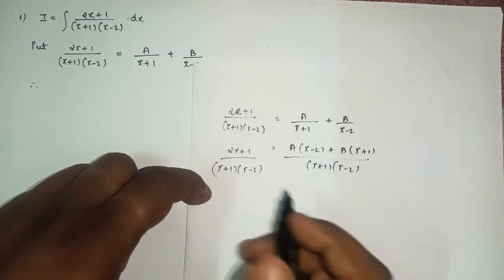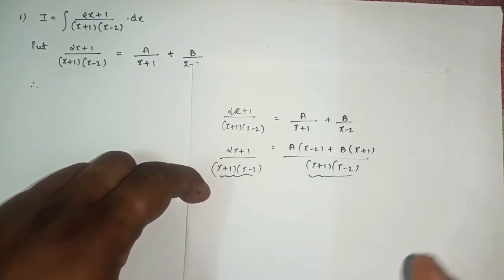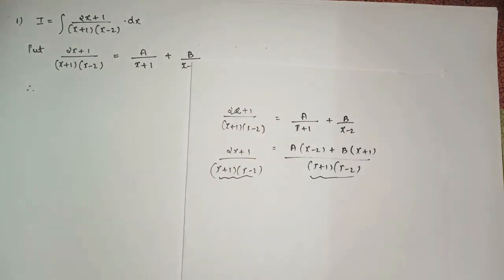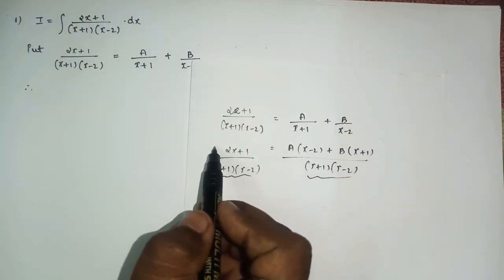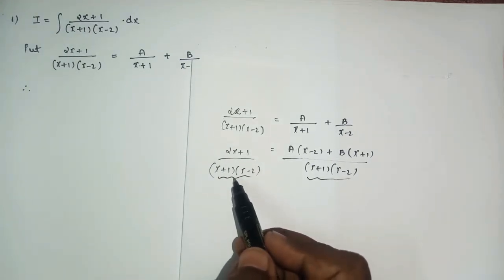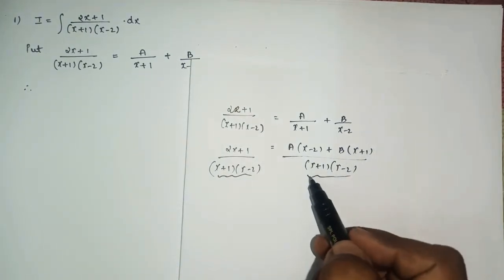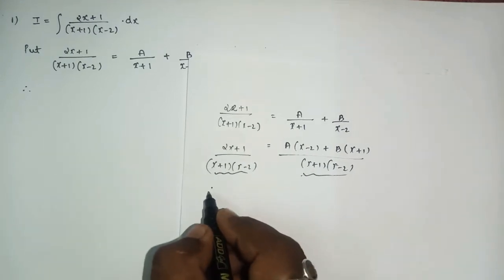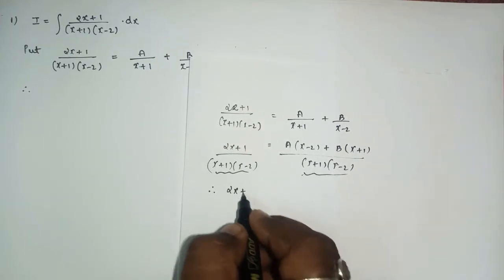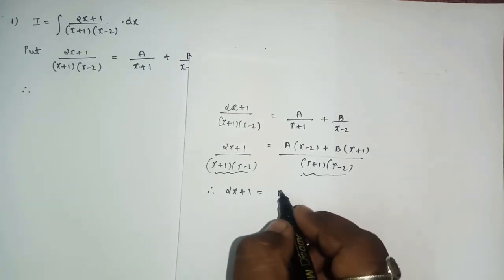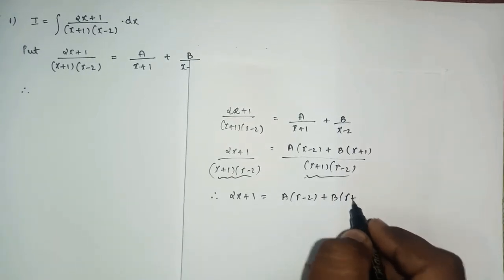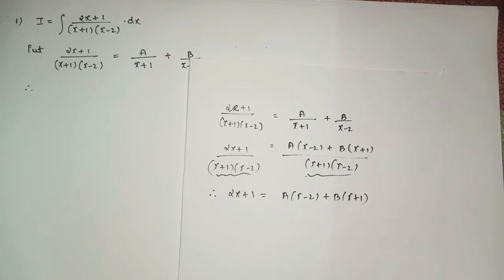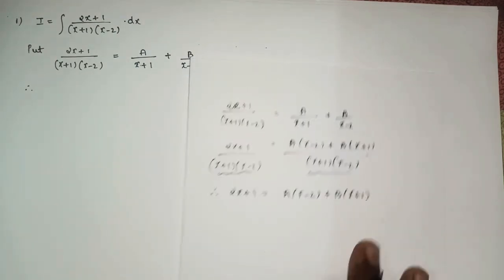As here clearly we can see that the denominator for the left hand side and right hand side is the same, so it will get cancelled, whether you bring this part to the left hand side or to the right hand side. So here you will be left with 2x plus 1 equals A(x minus 2) plus B(x plus 1). Got the point?